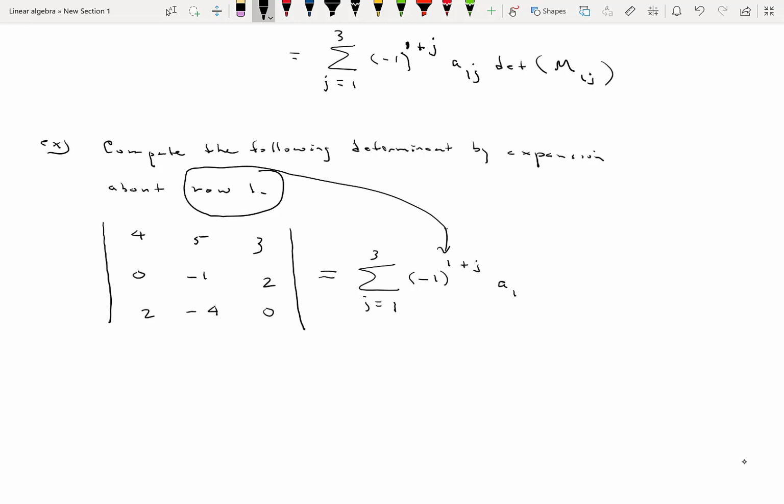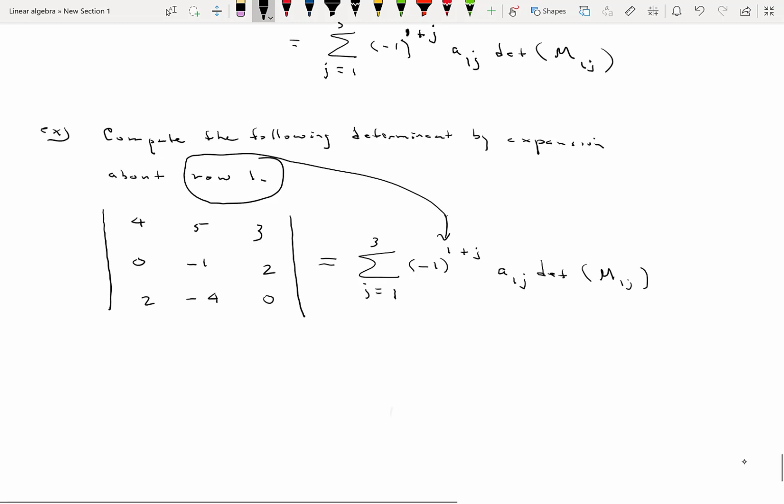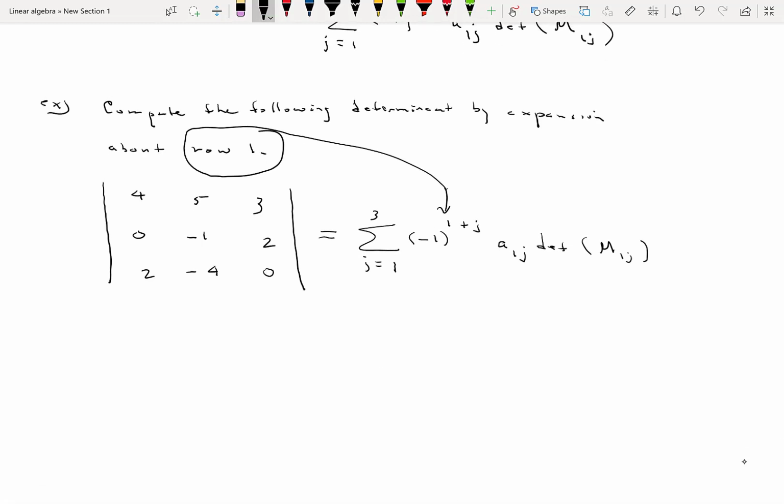A1j, again from the same concept, we're expanding about the first row, but the j changes, times the determinant of the 1j minor of A. Okay, that didn't come out real well verbally. So that's the setup, and I'll extend little arrows to indicate where the ones are coming from, because we're expanding about the first row.